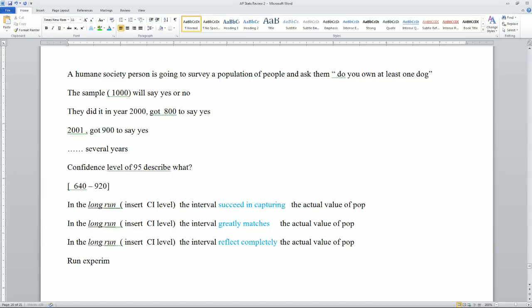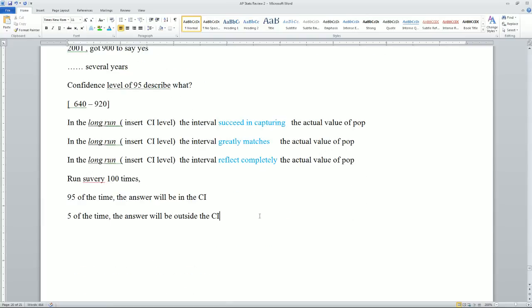If I run the survey 100 times, 95 of the time the answer will be in the CI, and 5% of the time the answer will be outside the CI. That's what the 95% means. So the answer they give you will fall within, or sometimes outside. Does that make sense?